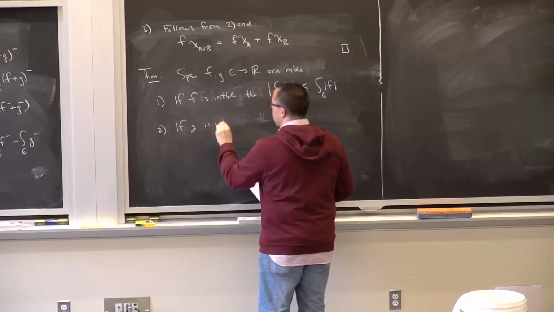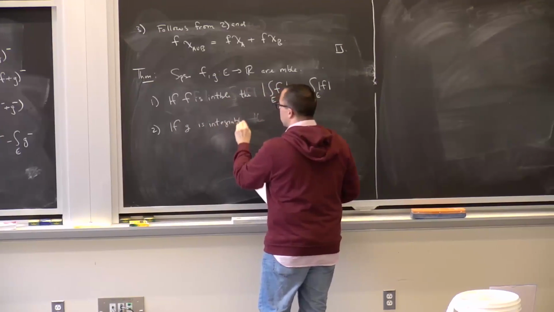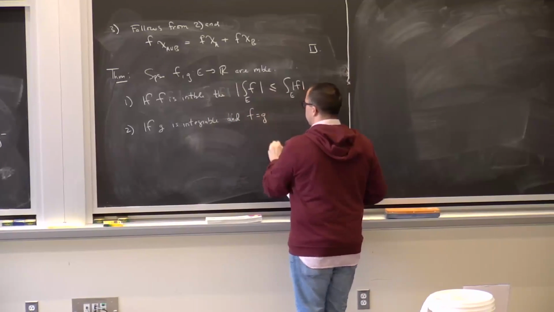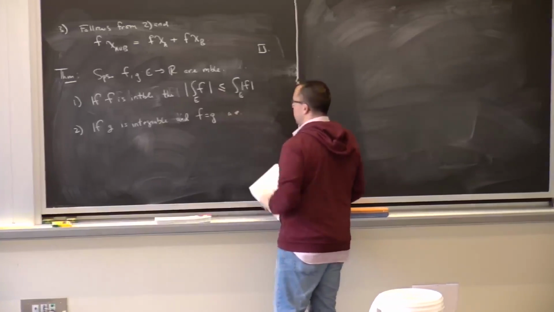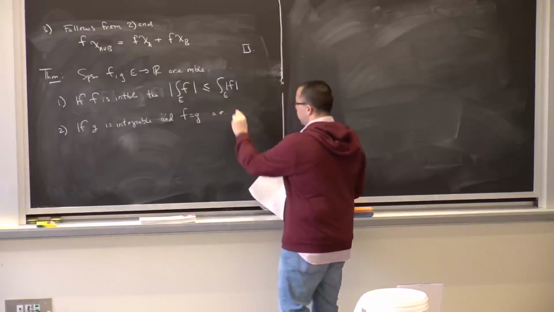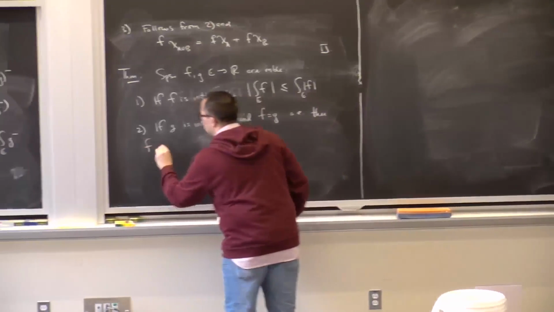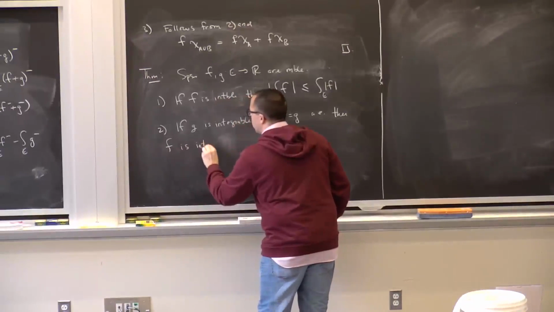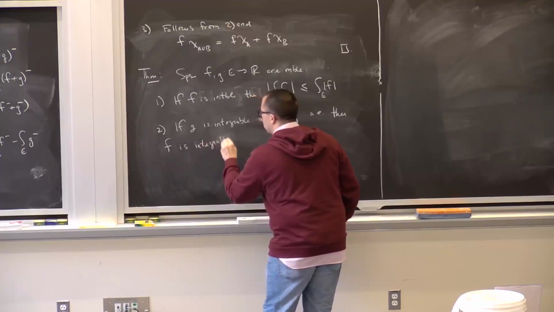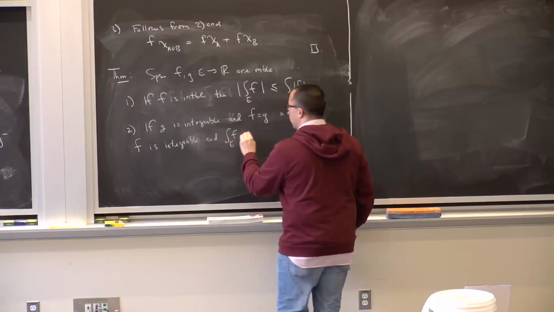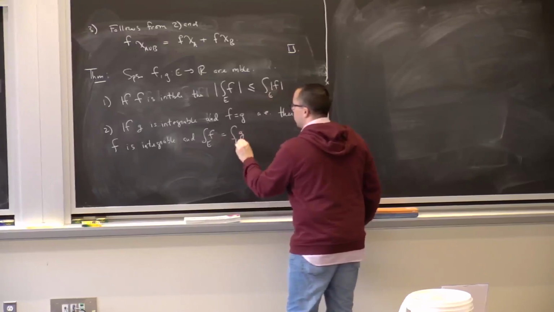If g is integrable, and f equals g almost everywhere, then f is integrable, and the integral of f over E equals the integral of g.